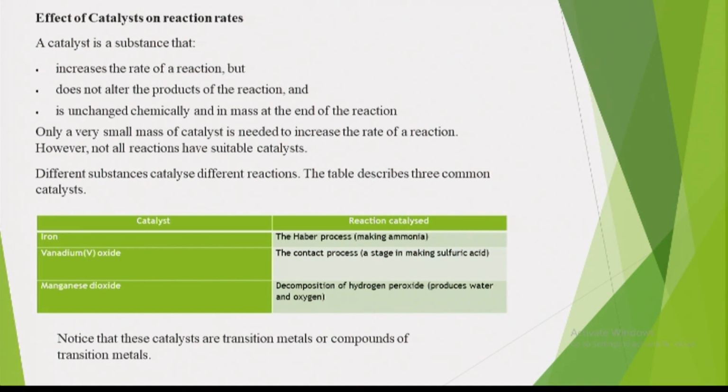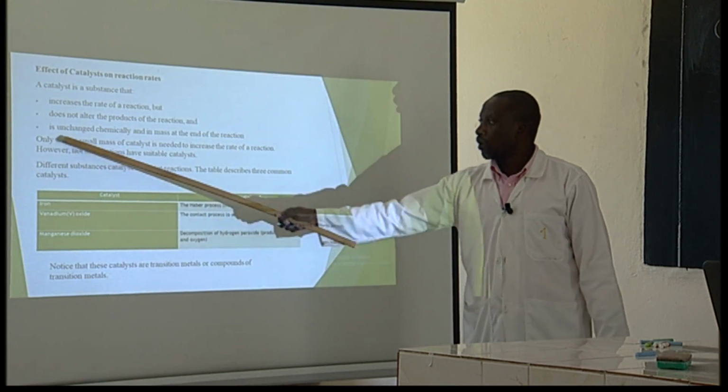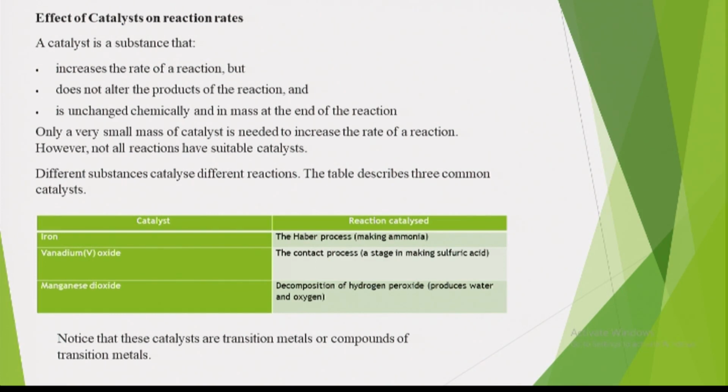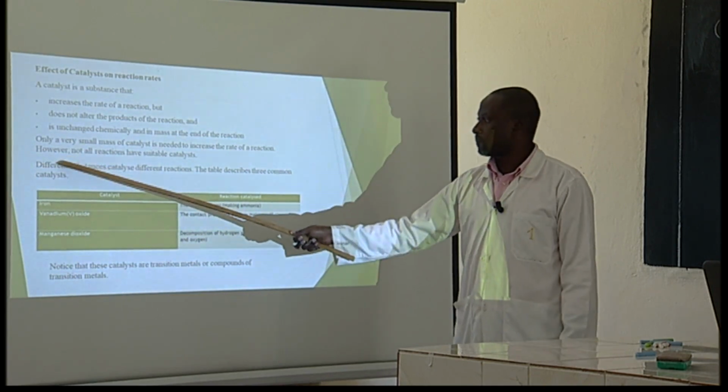They are unchanged chemically and in mass at the end of the reaction. These are some of the characteristics of a catalyst. Only a very small mass of catalyst is needed to increase the rate of the reaction. You don't need a lot of mass for the catalysts. They work in small quantities.